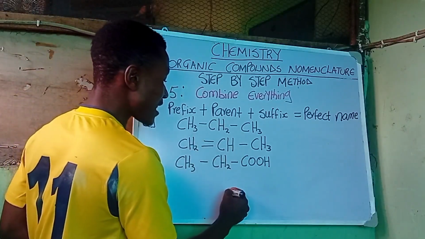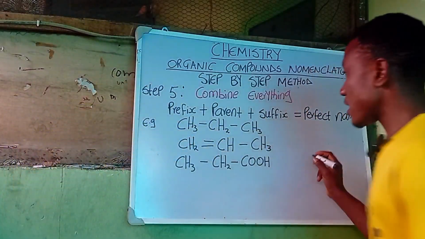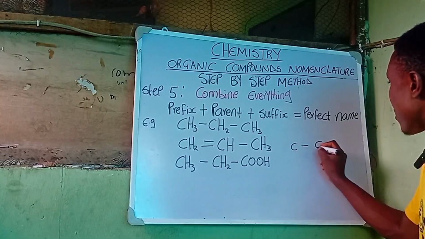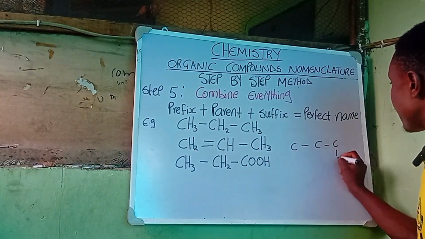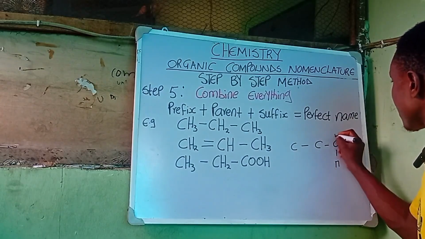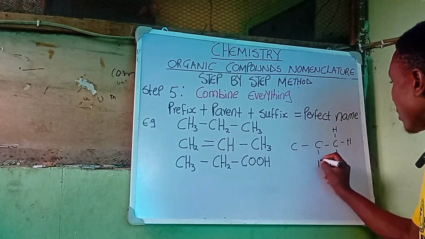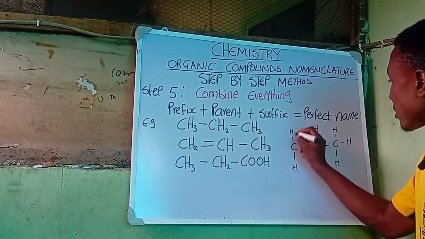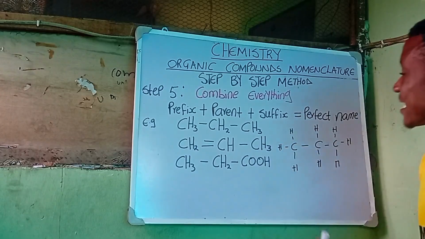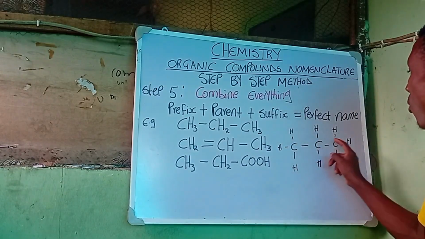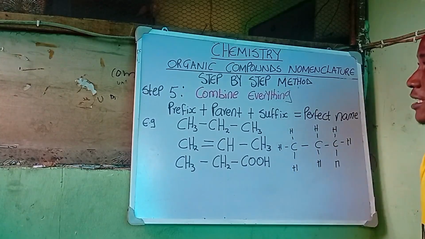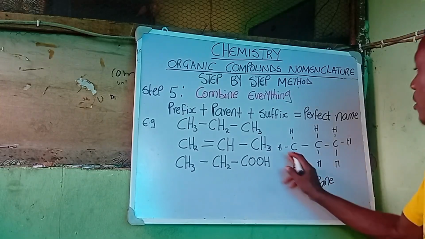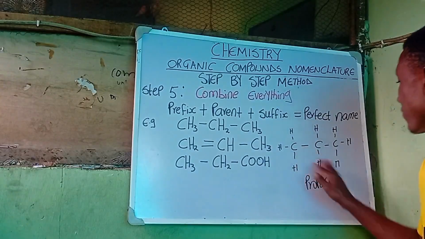So I say we have our first carbon, our second carbon, and we have our third carbon, bonded by 3 hydrogen atoms, and this one bonded by 2, and this bonded by 3 hydrogen atoms, right? So this is carbon number 1, 2, 3. This is 3 carbon atoms, and this is simply propane.